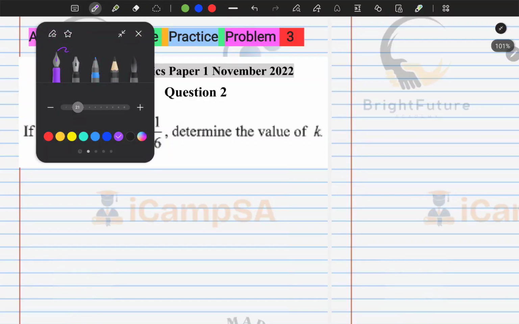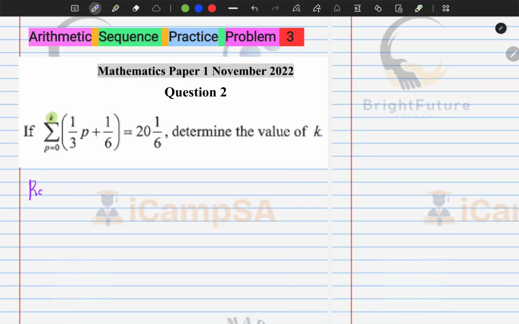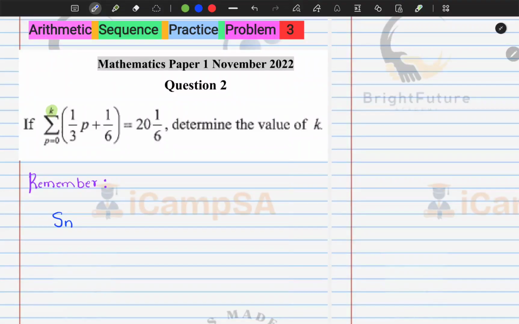And there's something that I need you to remember before we even get into this problem. And this is about sigma notation in general. So our Sn, which is the sum of n terms, is always the same as our sigma notation, starting from k is 1 up until n, and here we will typically have tk.